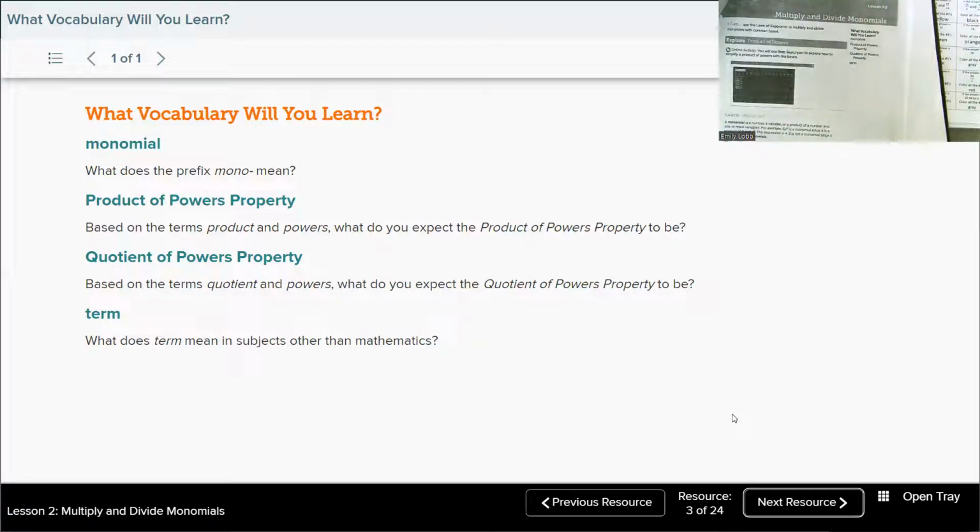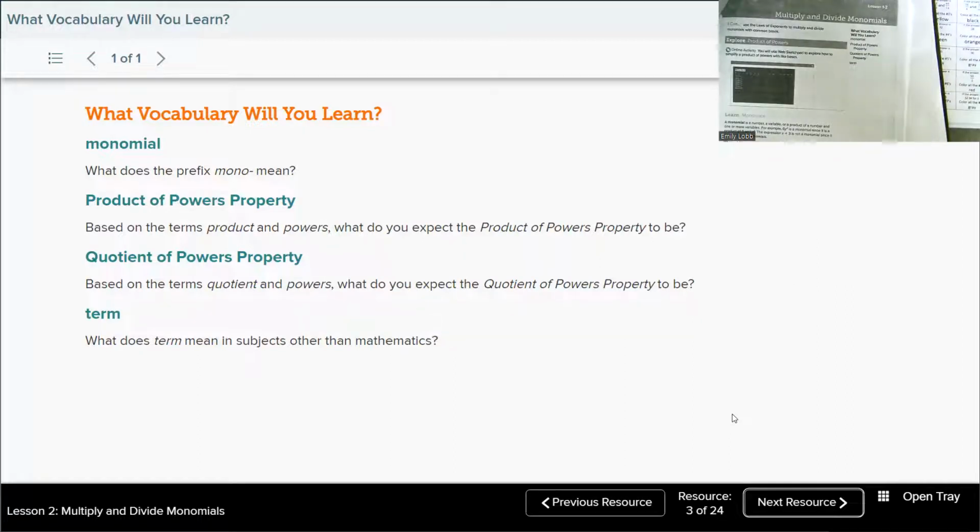Product of powers properties. So based on the terms product and powers, first of all, what does product mean? What's a product? The answer to what kind of problem? The result of what type of operation? Product. You take two numbers and multiply them together, you get the product.